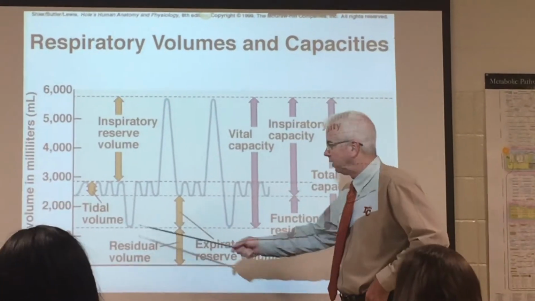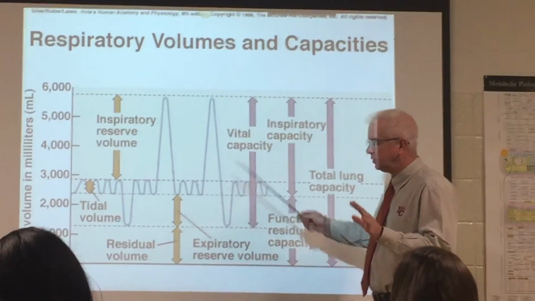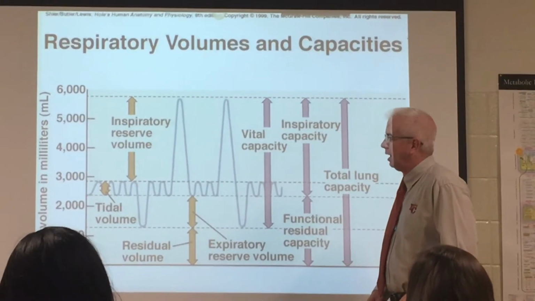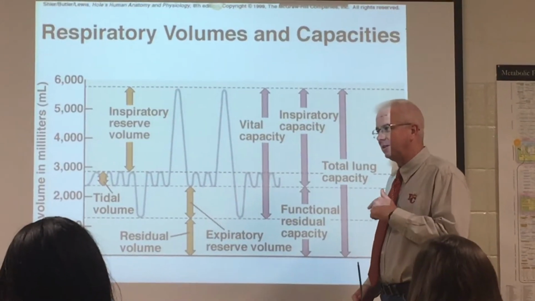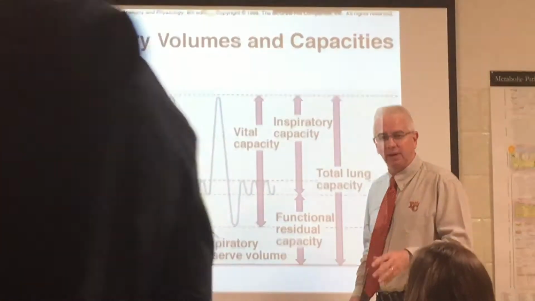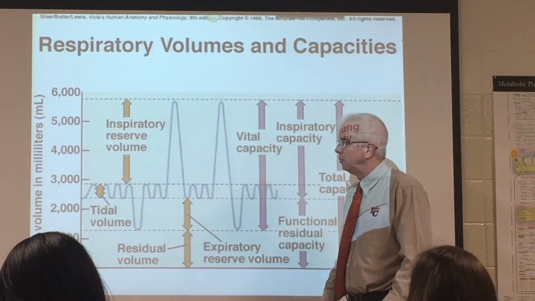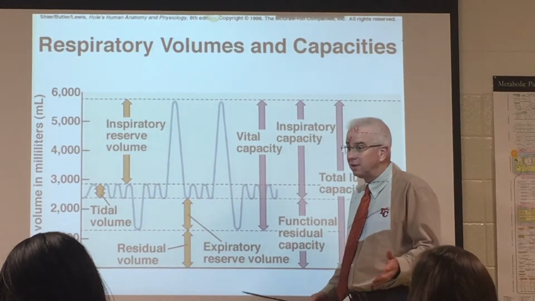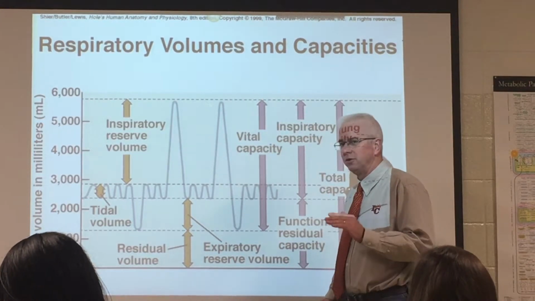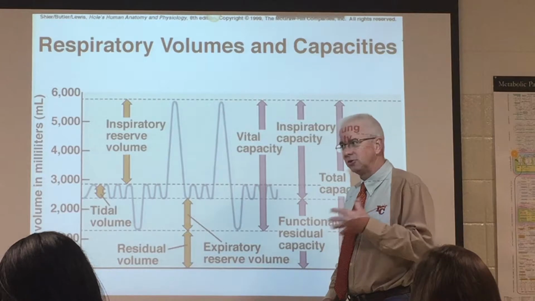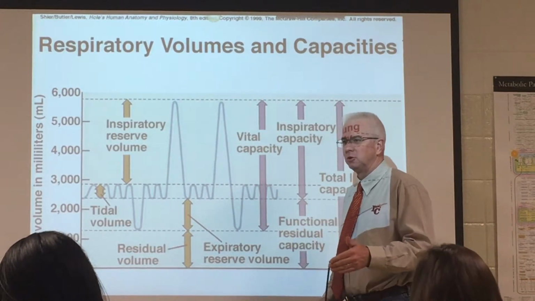So let's start over here on this side. I did mention just very briefly last time to you that these are average volumes. In the laboratory, you're not going to get these numbers, just to alleviate some of your angst that I know is coming when you're measuring them. You'll say, well, that's not what I'm getting. The truth is, whenever you're doing this in a lab setting and you're trying to measure the volumes, they become much more pronounced.